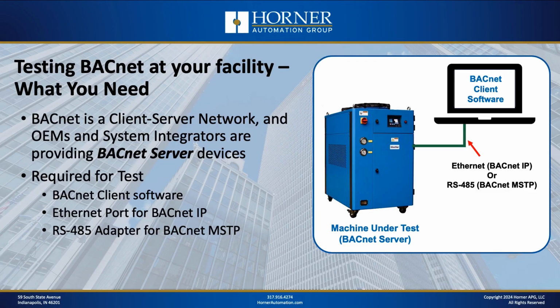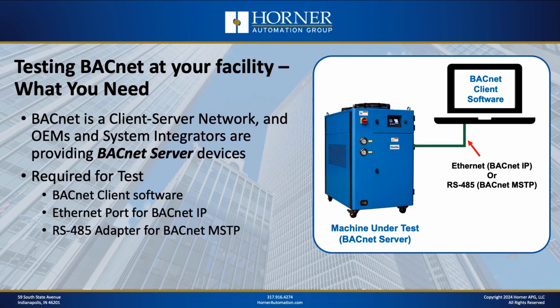Now, if you want to provide both BACnet IP capability as well as BACnet MSTP capability, then you're going to have a physical connection to your controller as well. If it's BACnet IP you want to test, you're going to need to connect over Ethernet, which is a lot simpler, obviously.